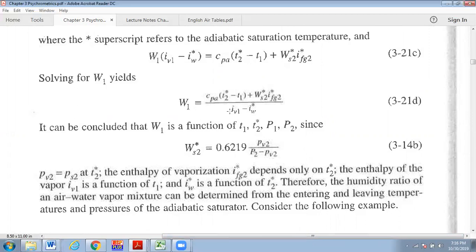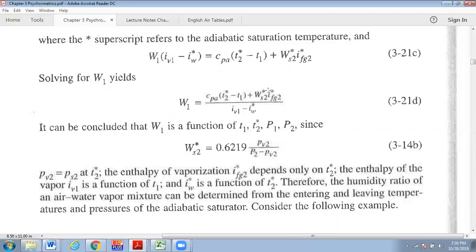This is the enthalpy of vapor, etc. So what we typically do is use this expression, another expression for calculating W, to calculate the saturated W here. And it's easy, because if we know this temperature, then we can look up this vapor pressure, because this is 100% relative humidity coming out.